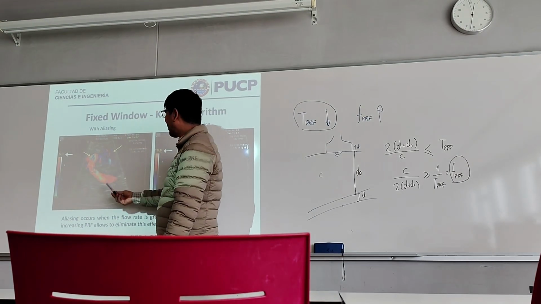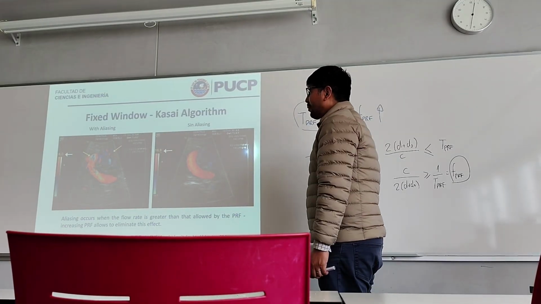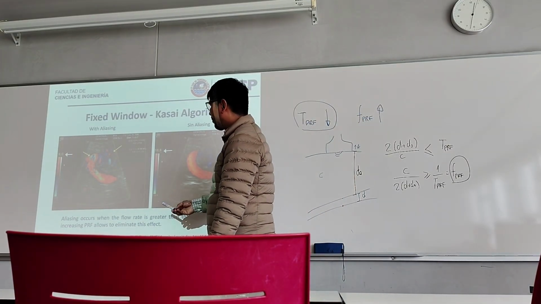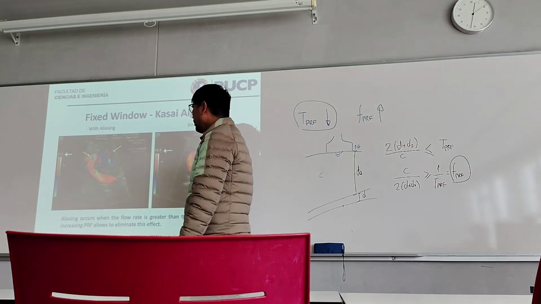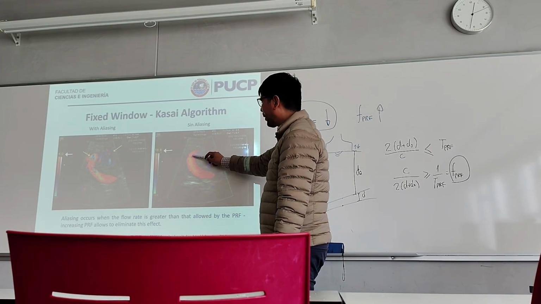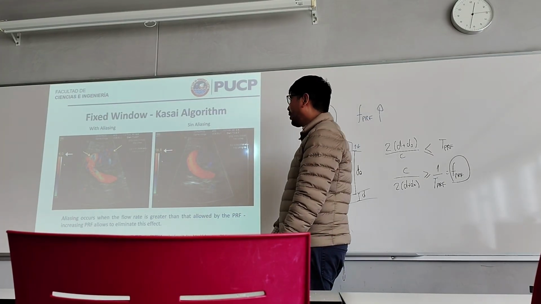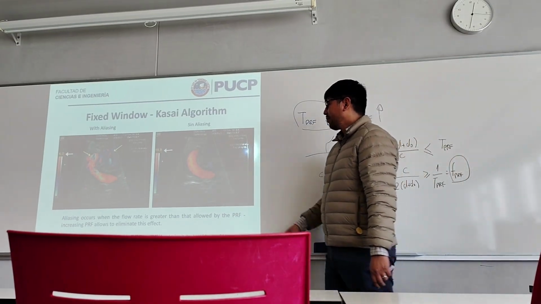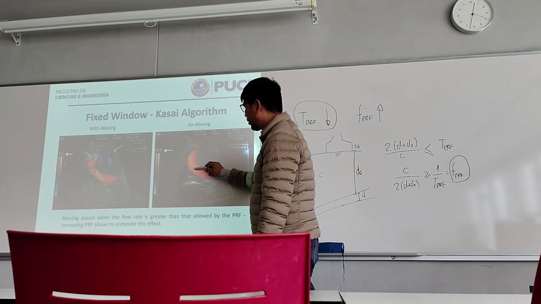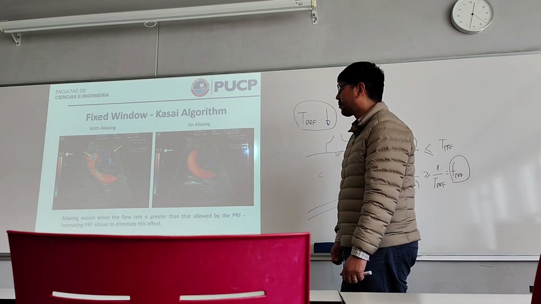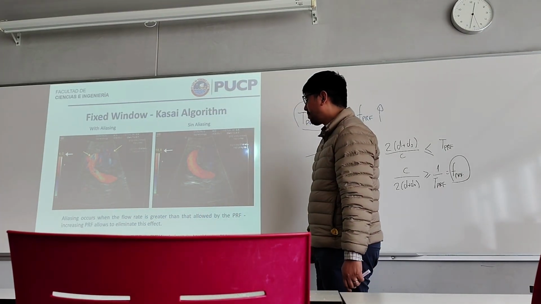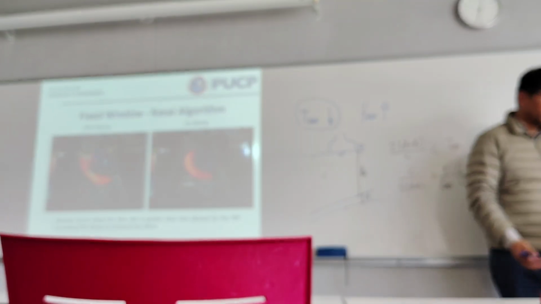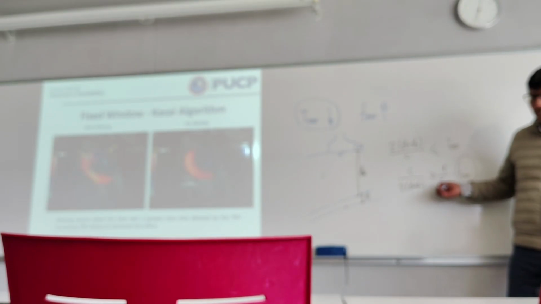Because the FPRF in this case was not big enough to capture this velocity in this area. When we increase that, we get a more uniform result. Even here, we still see some points not correct. So a larger FPRF is good, but we need to take care of this.